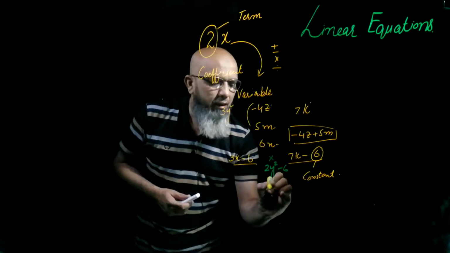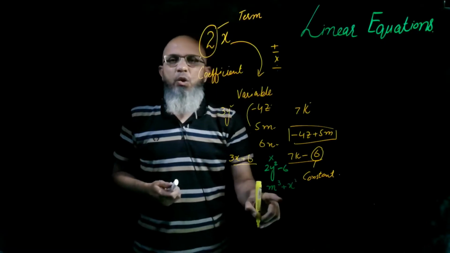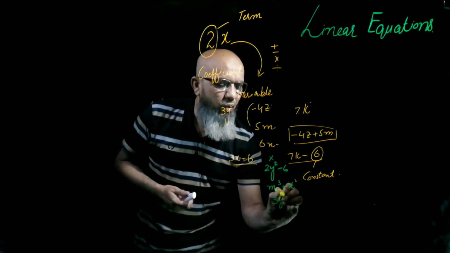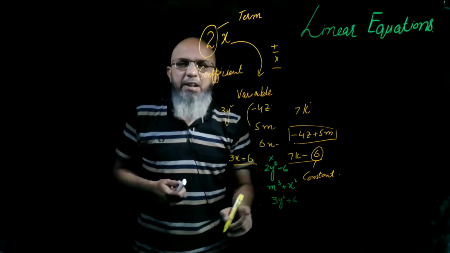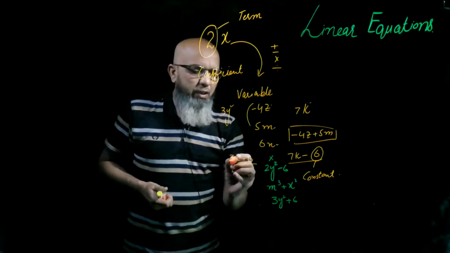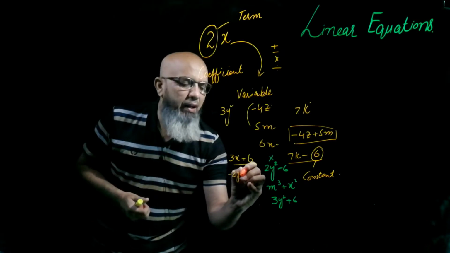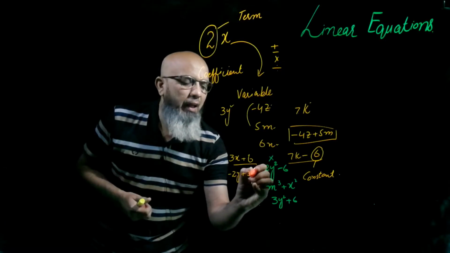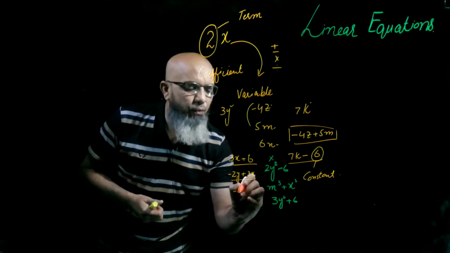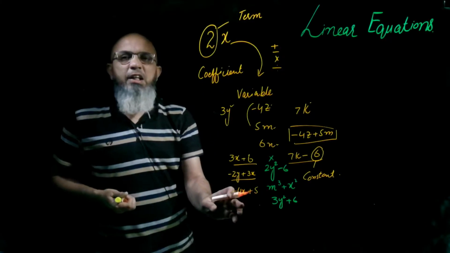Another, m cube plus x square, that is also non-linear. 3y square plus 6 is also non-linear. Some more linear examples: minus 2y plus 3x, and minus 4x plus 5, are linear expressions.